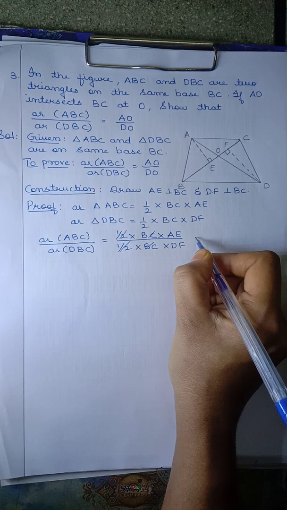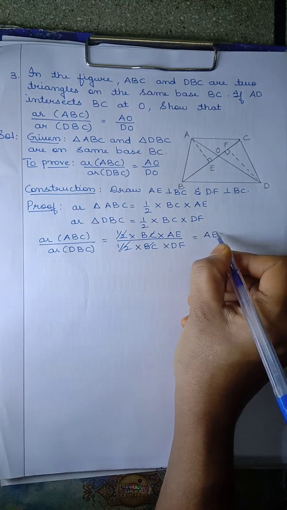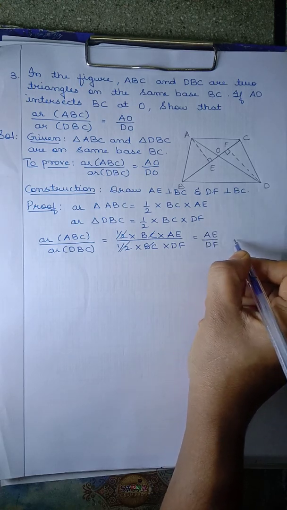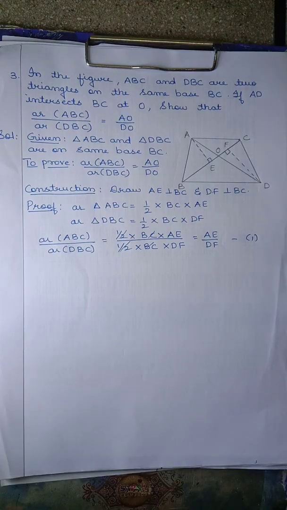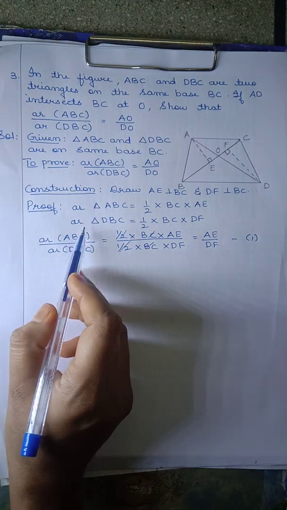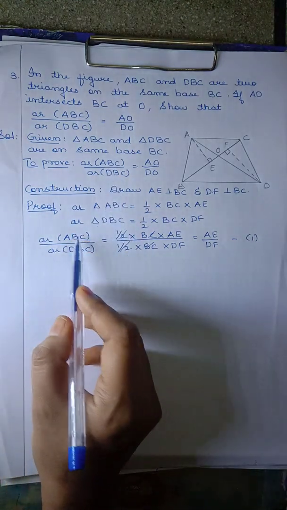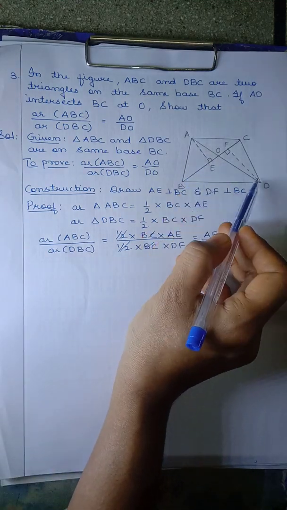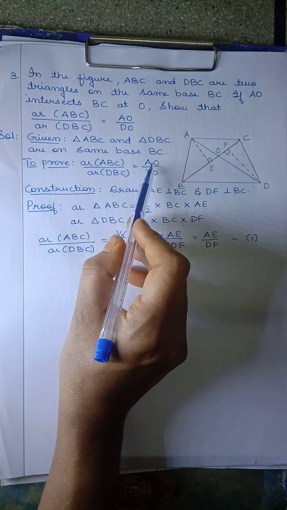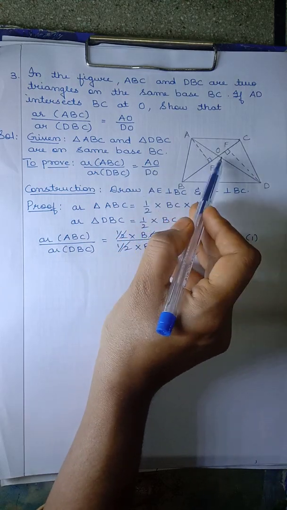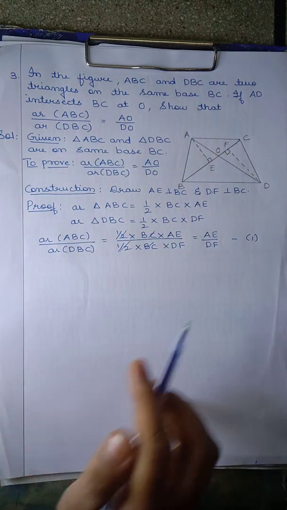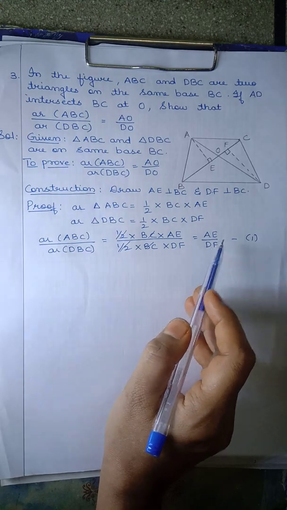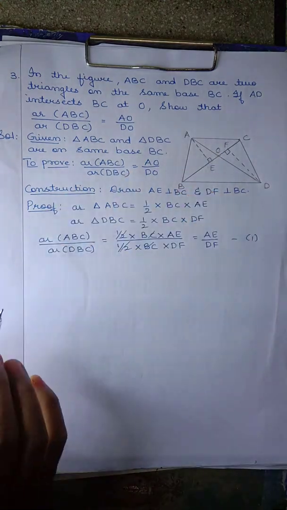So you will get AE upon DF. So let this be equation 1. Now what we have got children here, area of ABC upon DBC is equal to AE by DF. But what we need to prove is AO upon DO. So in place of AE by DF, how can we write AO upon DO, we have to see now.